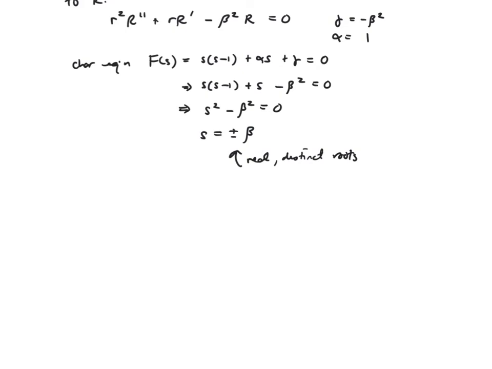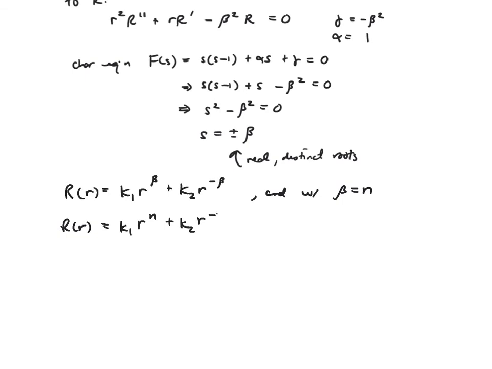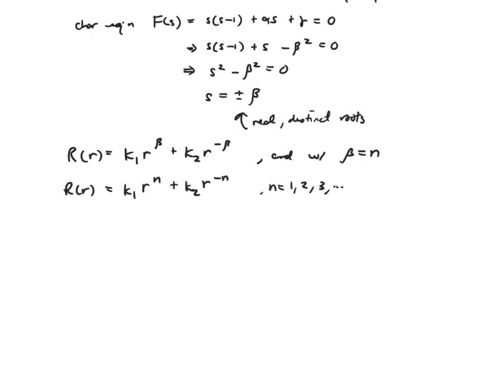If you recall, these are our power functions. These are the solutions that come out. So this capital R is equal to, let's call it a constant K1 r to the beta plus k2 r to the negative beta. And we said beta was equal to n in this case, so I can write this as k1 r to the n plus k2 r to the minus n, with n equal to 1, 2, 3, all the way up. Huh, look at this fella.